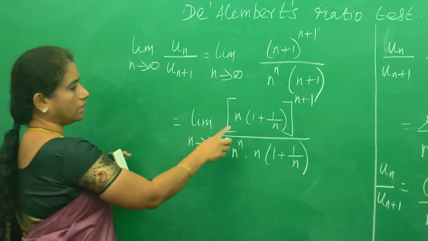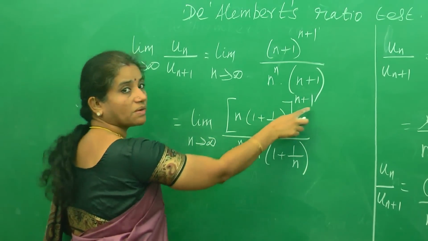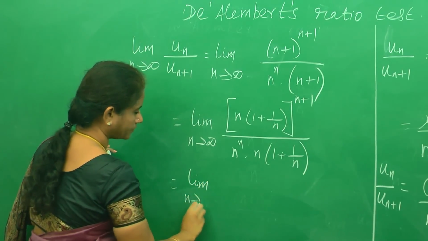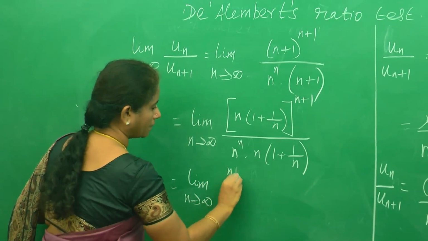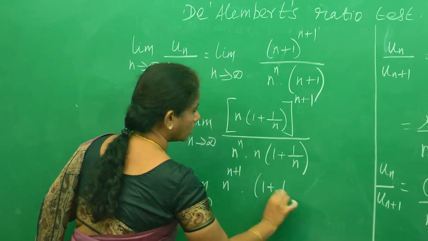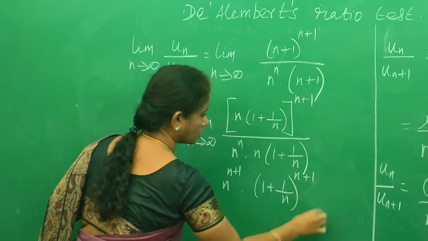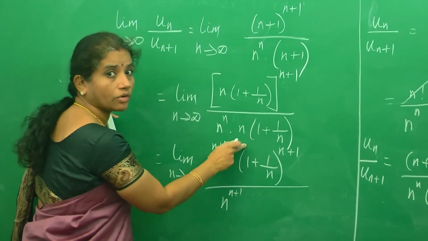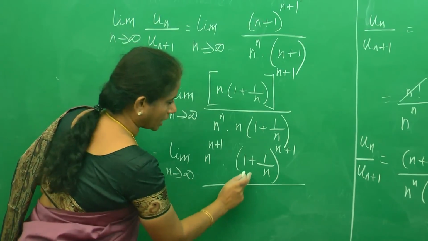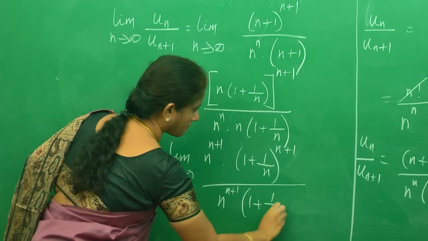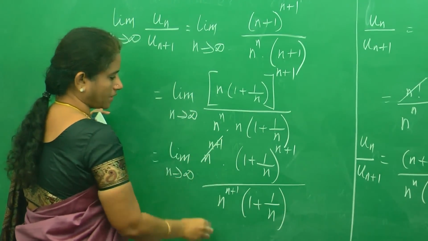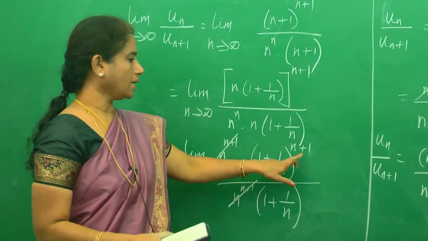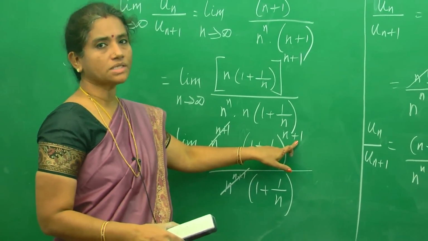Now this has power n plus 1, so when this n comes out of the bracket, it will come out as n to the power of n plus 1 into 1 plus 1 by n to the power of n plus 1, whole divided by n power n plus 1, because n power n into n is n power n plus 1, and this term as it is. Now this is n power n plus 1, this is n power n plus 1. Both of them will get cancelled and 1 plus 1 by n to the power of n plus 1 will tend to the limit e.